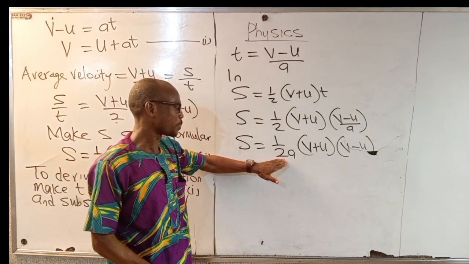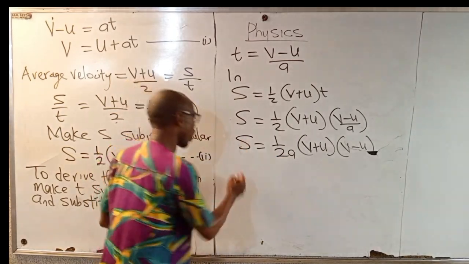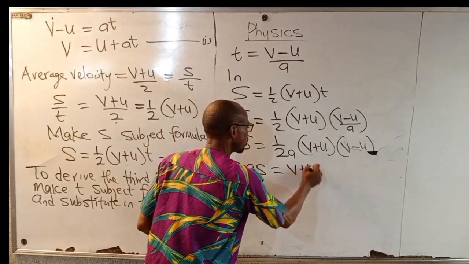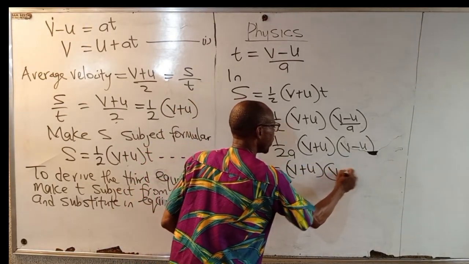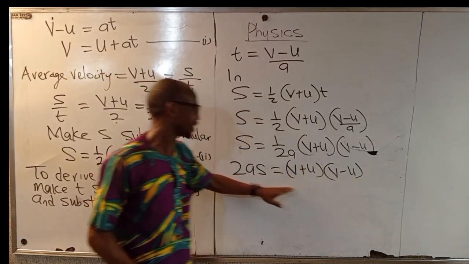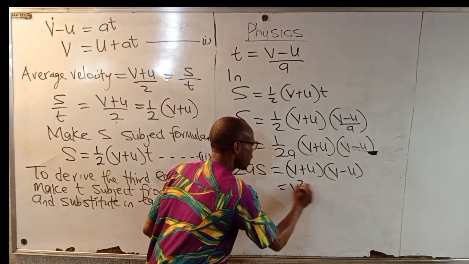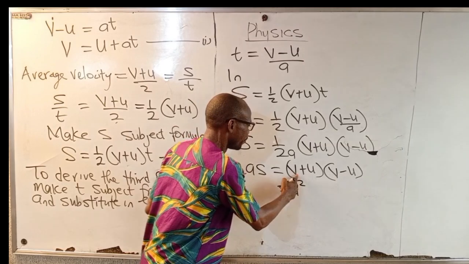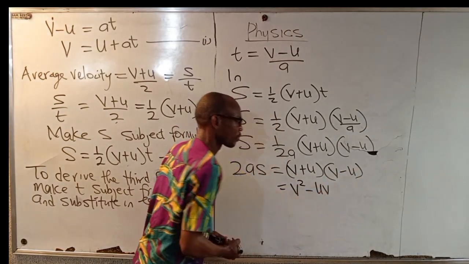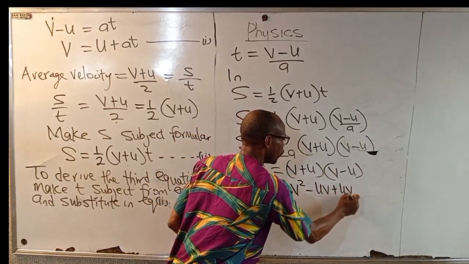So we can cross multiply our 2a down to meet the x here. That gives us 2ax = (v + u)(v - u). We are going to expand this bracket now. v times v gives v squared. v times minus u gives minus uv. u times v gives plus uv.